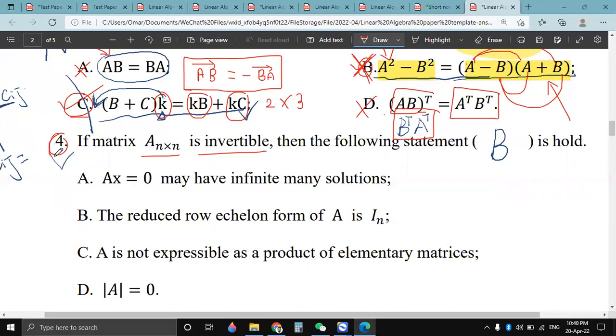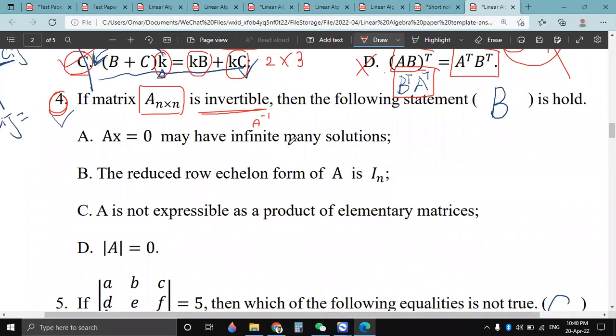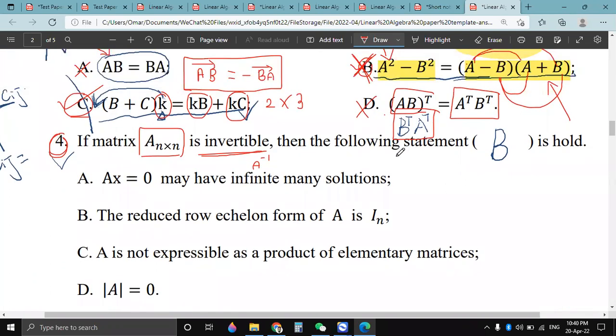So the fourth question here, if A is n by n, this is a square matrix, right? And if it is invertible, that means we can find A inverse. And the condition for inverse matrix, okay, and then the following statement, which statement is true?